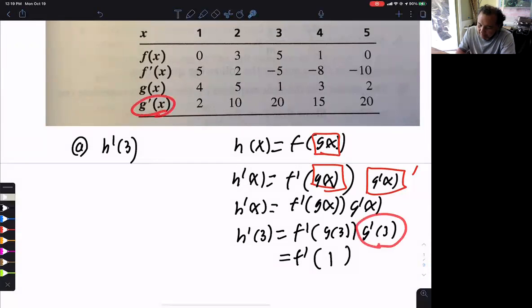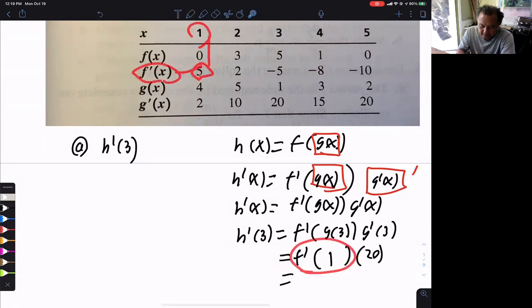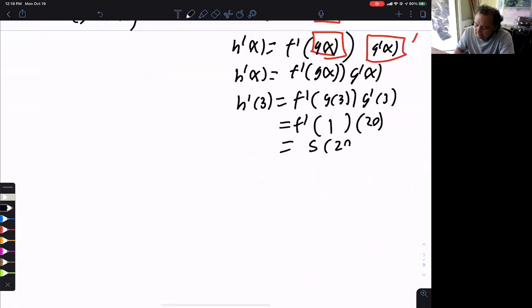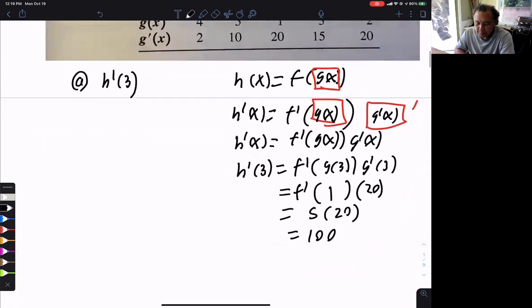Here's G prime, here's 3. That's going to be 20. So we put a 20 there. And then one last step, we want F prime at 1. Here's F prime, here's 1. That's 5. Replace that with a 5. And we get 100. So that's how you find H prime at 3.